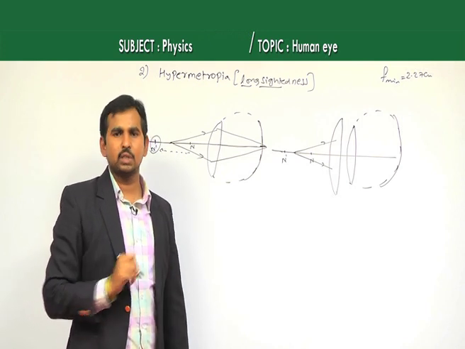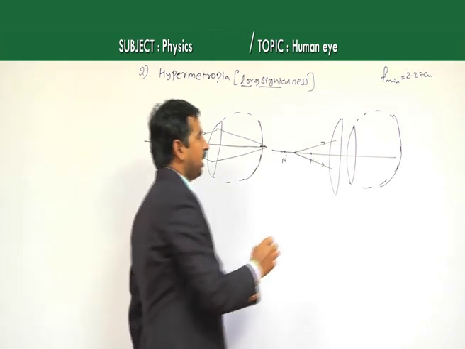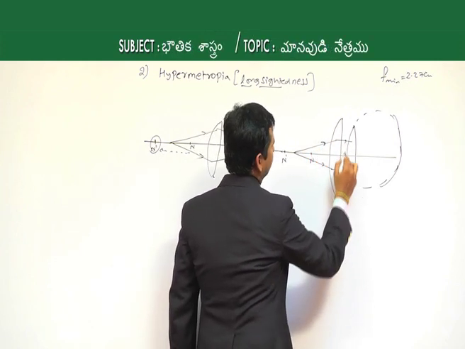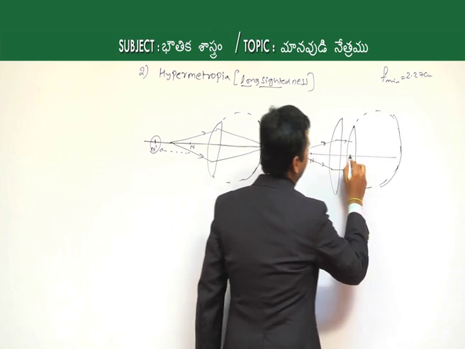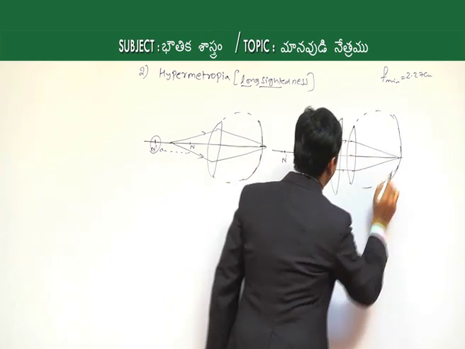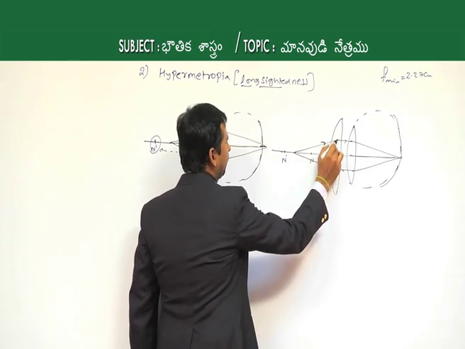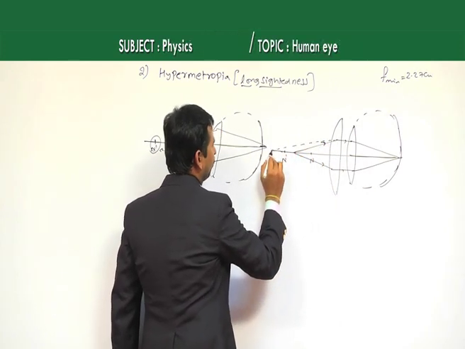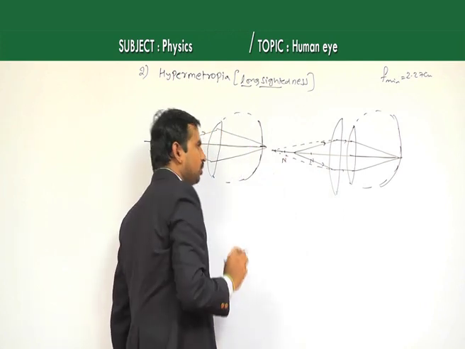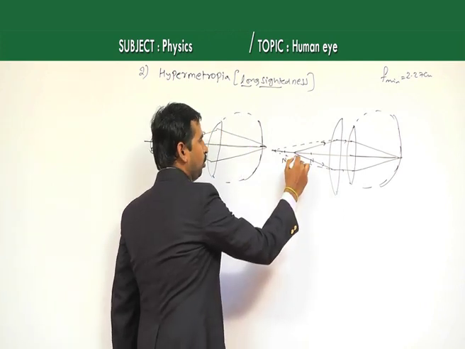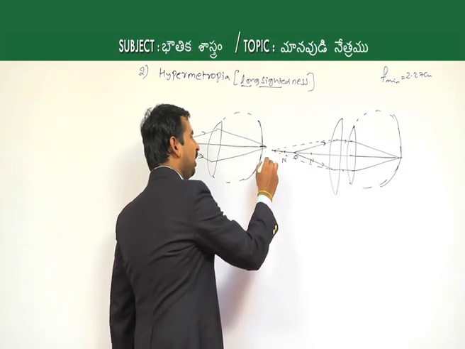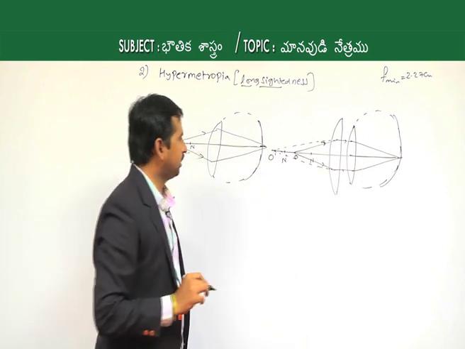So the light ray is converging 2 times here, like this. Then finally the image is formed exactly on the retina, which means these light rays appear to be coming from more distance. The original position is here, but finally the object position appears to be at O dash.